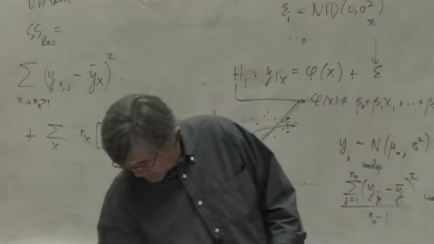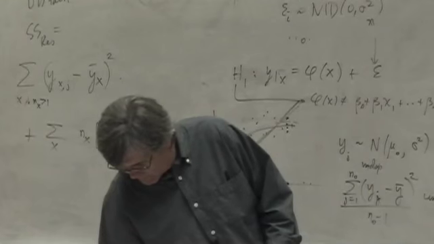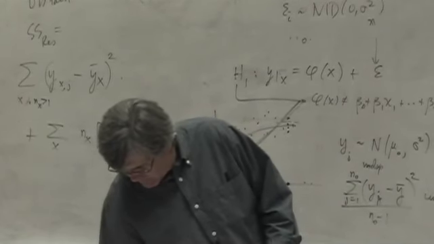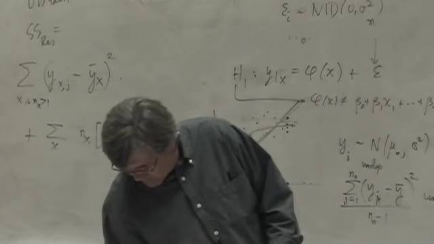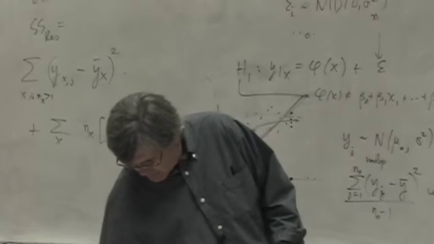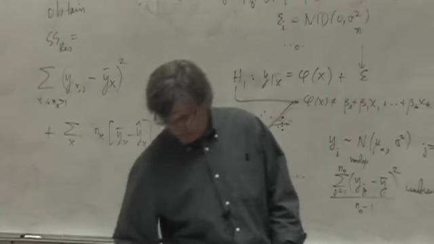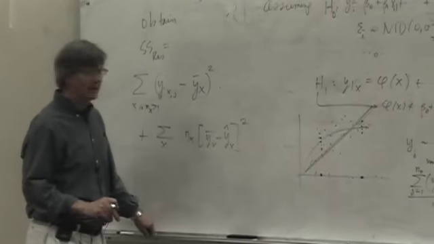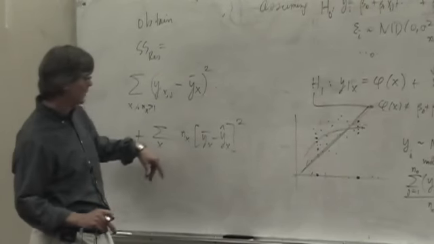Let's see, where is that? I think it's somewhere here, probably in chapter 8. Yeah, it's in chapter 8. Two-way analysis of variance. Anyway, this is an analog.